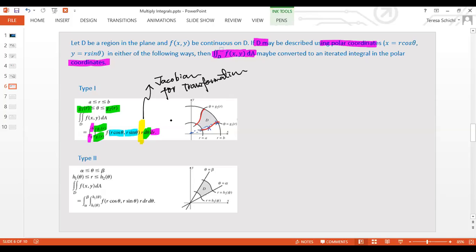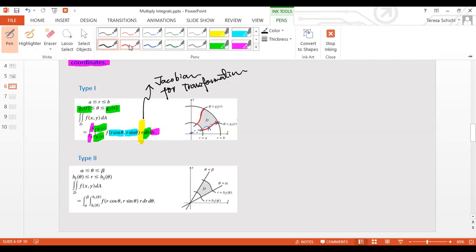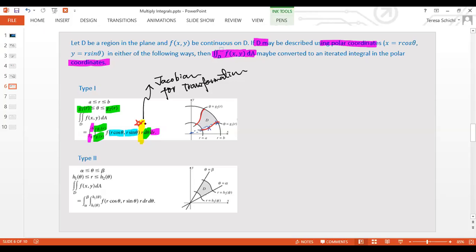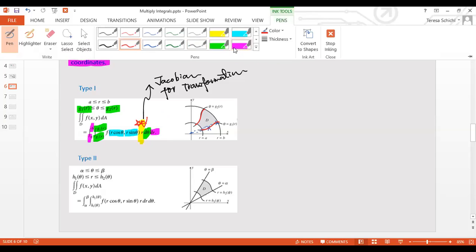For example, if I want to transfer R3 into cylindrical coordinates, then we have a Jacobian, and we're going to formally define it. So just remember, right now, let's take it for granted. When you do the transformation for polar, you always need to multiply by r, and r is our Jacobian here.